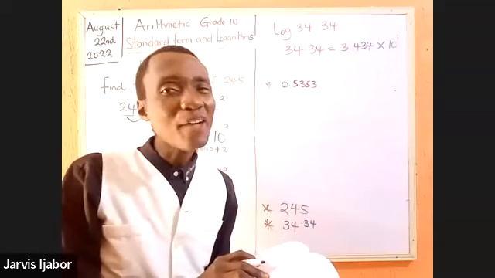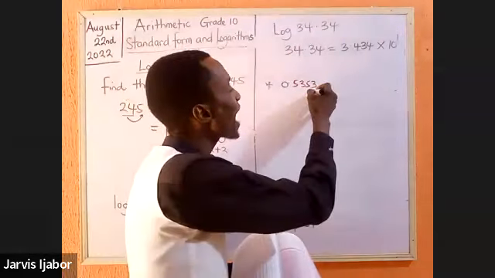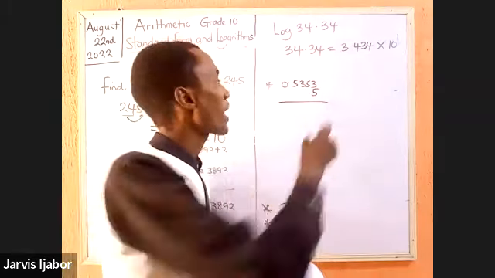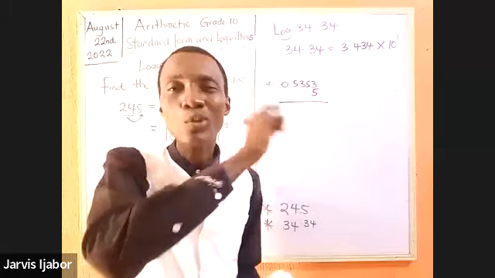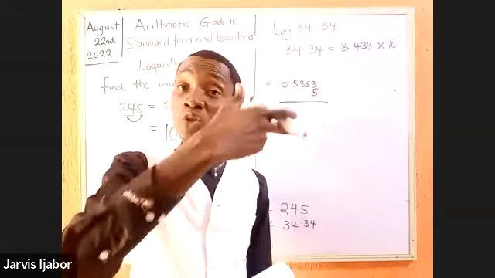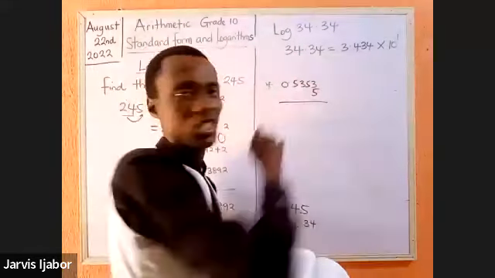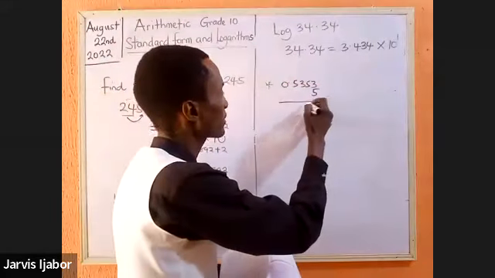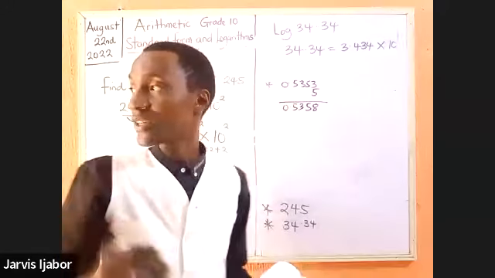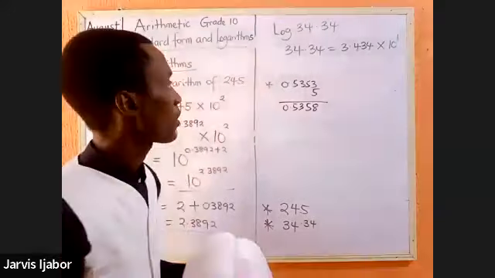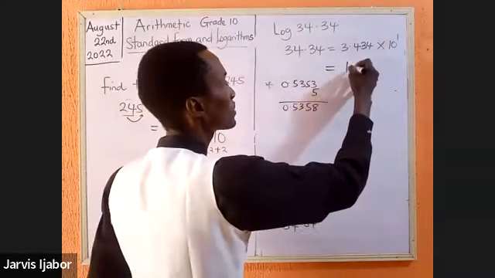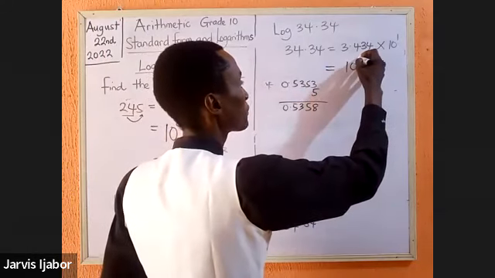Now that 5 is interpreted as adding to the last digit of this decimal you have. You don't need to write 000. You just know that 5 is added to the last digit. If you have a 2-digit number, you add it to the last 2 digits. This will be 8, 5, 3, and 5. So that's 0.5358.